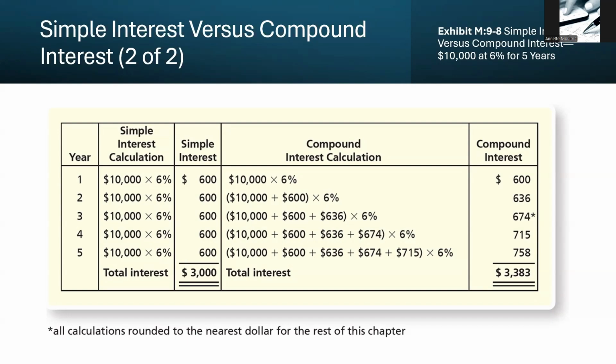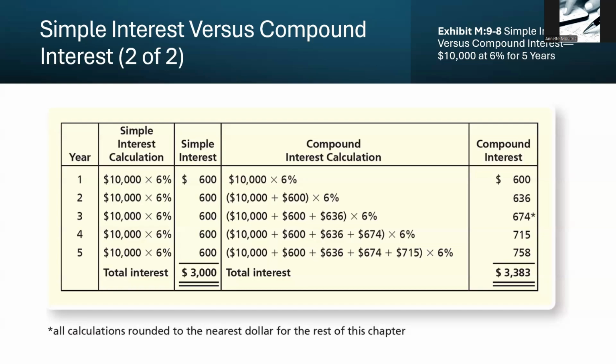As you can see, the amount of compound interest earned yearly grows as the base on which it is calculated, meaning the principal plus the cumulative interest to date, grows. So over the life of this investment, the total amount of compound interest, of course, is more than the total amount of simple interest. Now, most investments yield compound interest, so we assume compound interest rather than simple interest for the rest of this video.